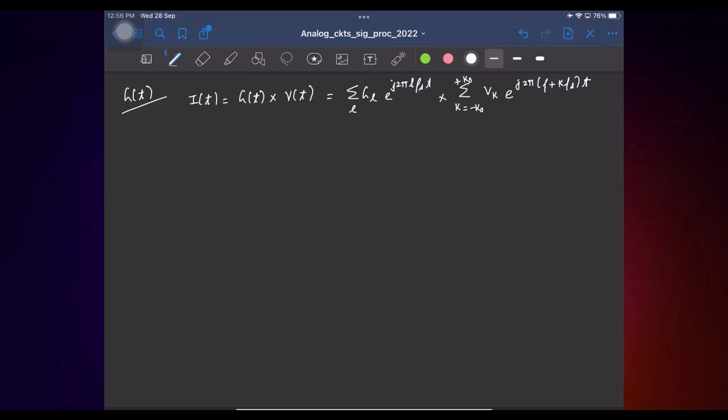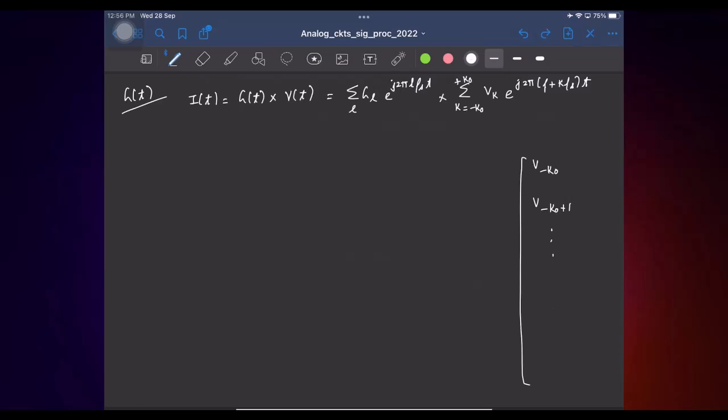Now, a more convenient way to represent this is in terms of a matrix. Basically, we are trying to relate the voltages and currents at multiple frequencies. So this is V minus k0, up to V k0, plus 1.